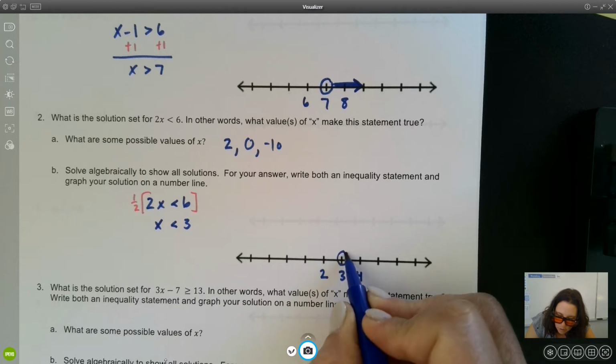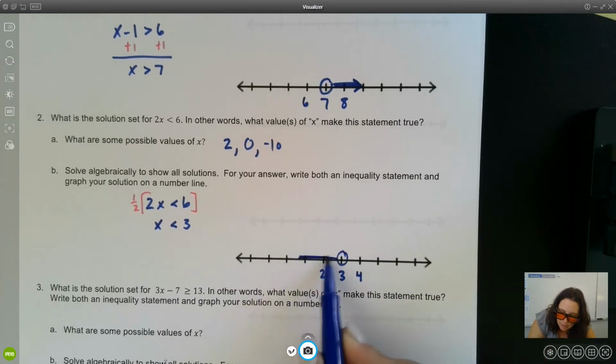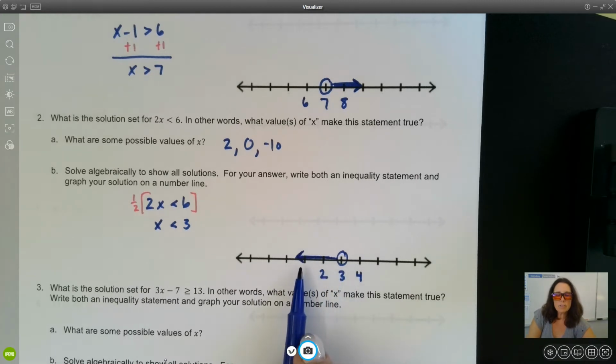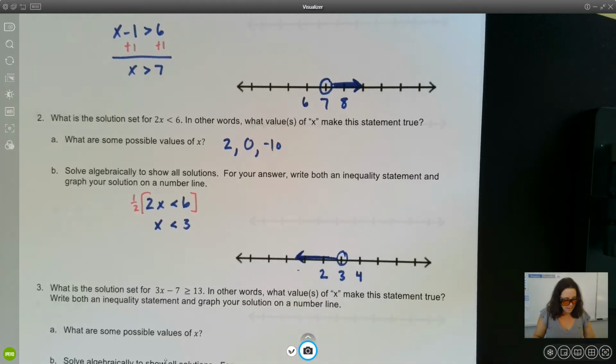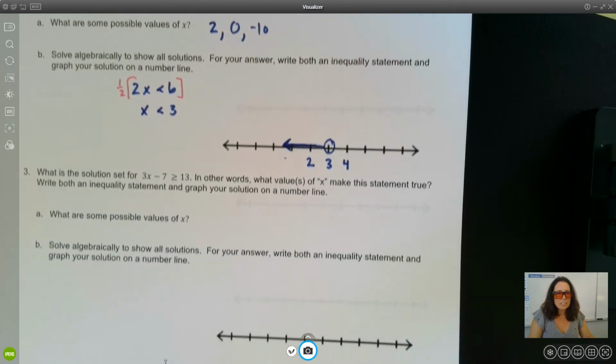Open circle, shaded this way. Okay, so every number to the left of 3 is a solution to this problem, including the fractions and decimals between these intervals.